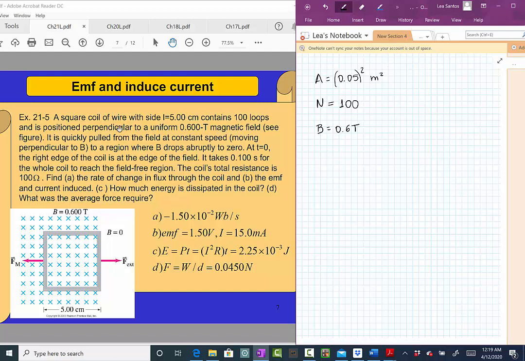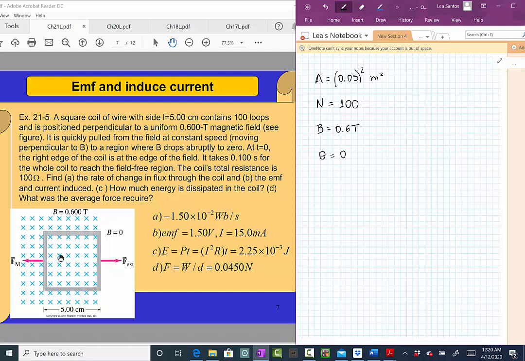So this magnetic field is perpendicular to this loop, which means they are giving us information about that angle theta. Remember, this angle theta is the angle between the perpendicular direction to the loop and the direction of the magnetic field. Since the magnetic field is exactly perpendicular, that means this angle is 0. Okay, let's continue reading.